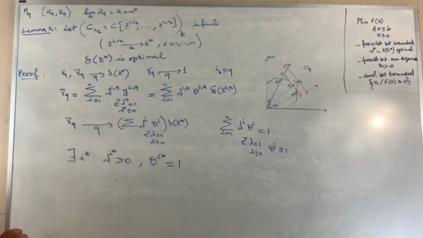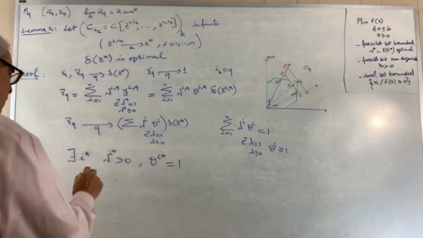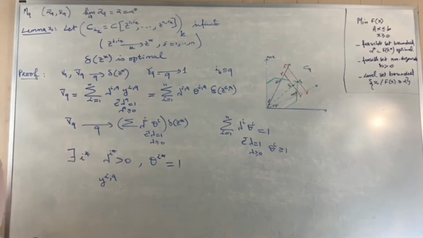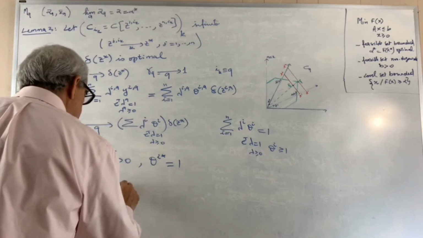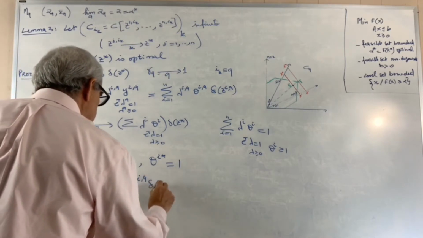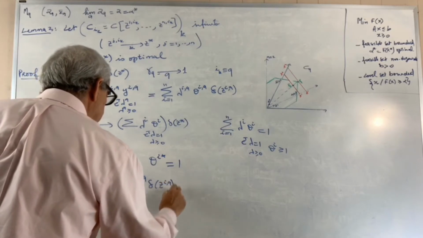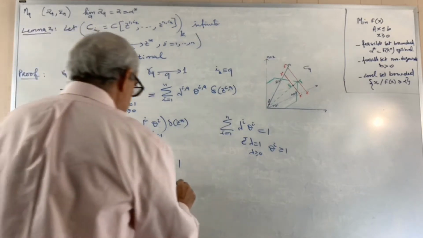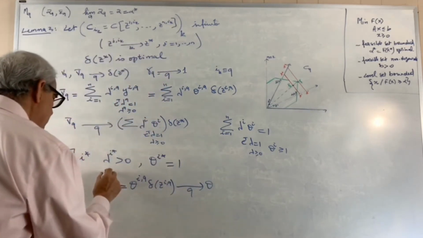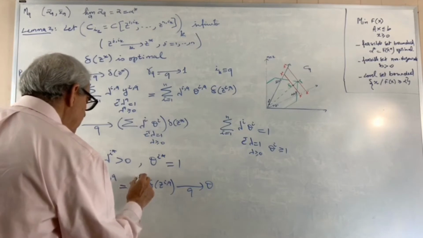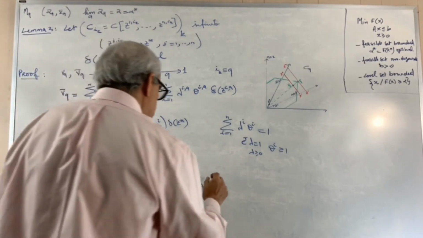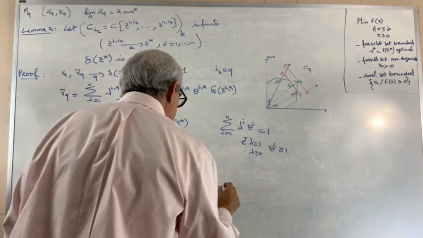And therefore, y_iq, which is equal to theta_iq delta of z_iq, right? This converges to theta_i star, let's call it i star here, converges to theta_i star times delta of z star.